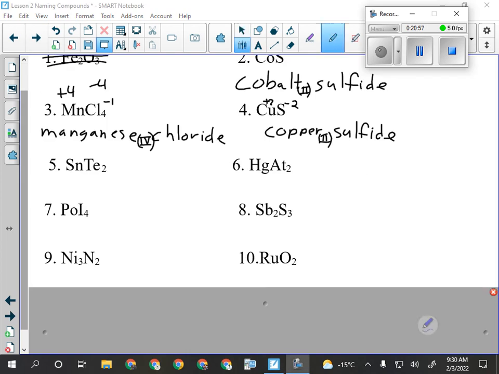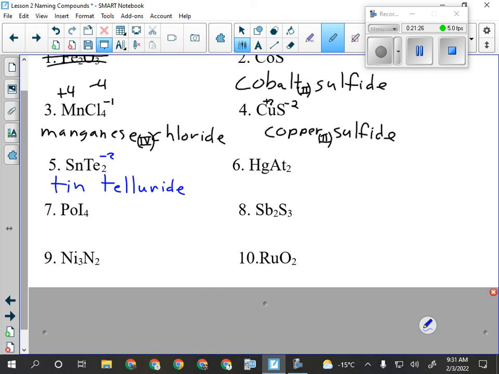So for 5 and 6, for number 5, Sn stands for tin, and Te stands for tellurium, so this will be tin, something, telluride, because I changed the ending of the nonmetal to -ide. What's the charge on telluride? Telluride's always a -2.